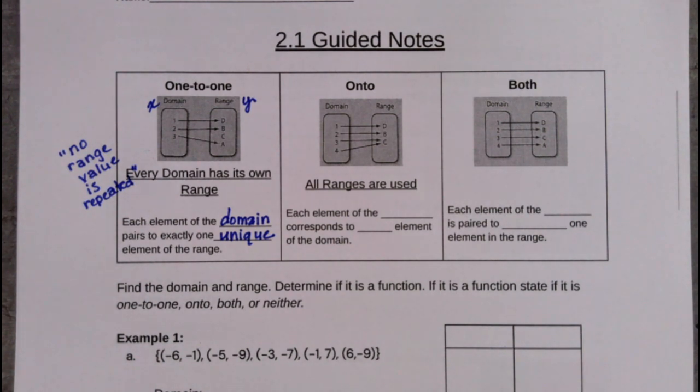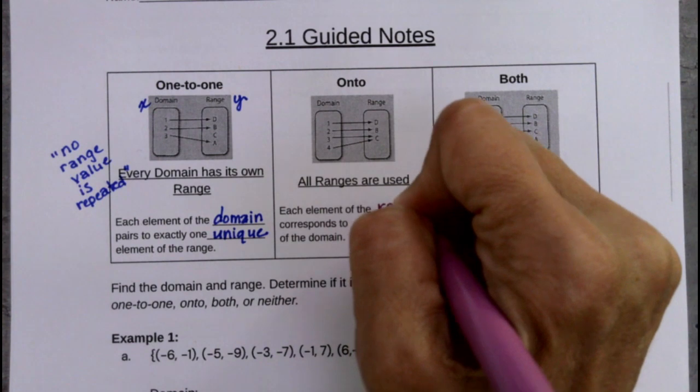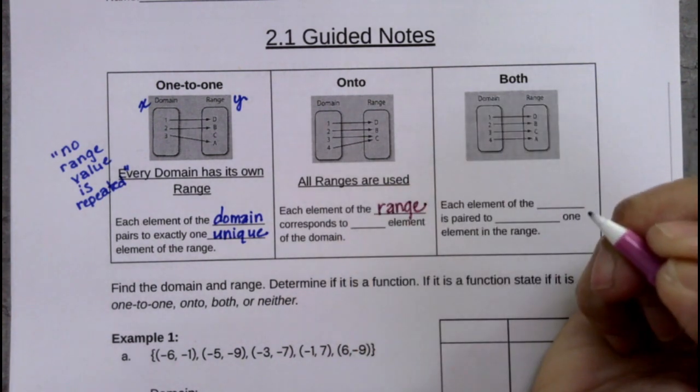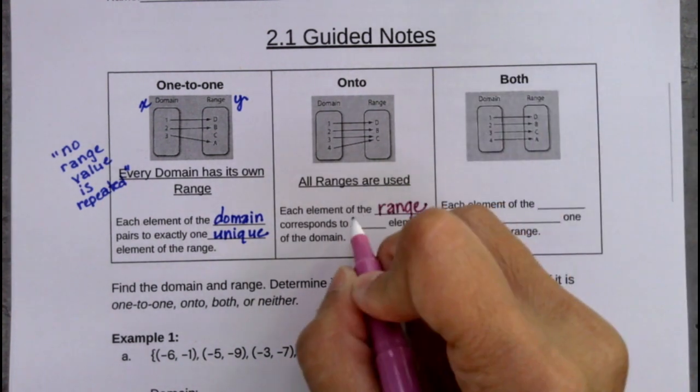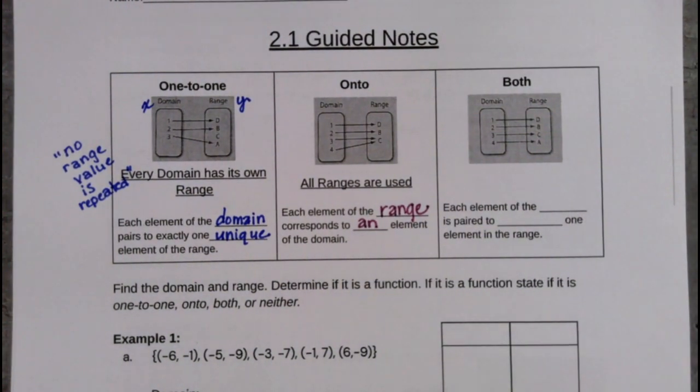If we look at an onto function, all the ranges are used. So each element of the range corresponds to an element of the domain.